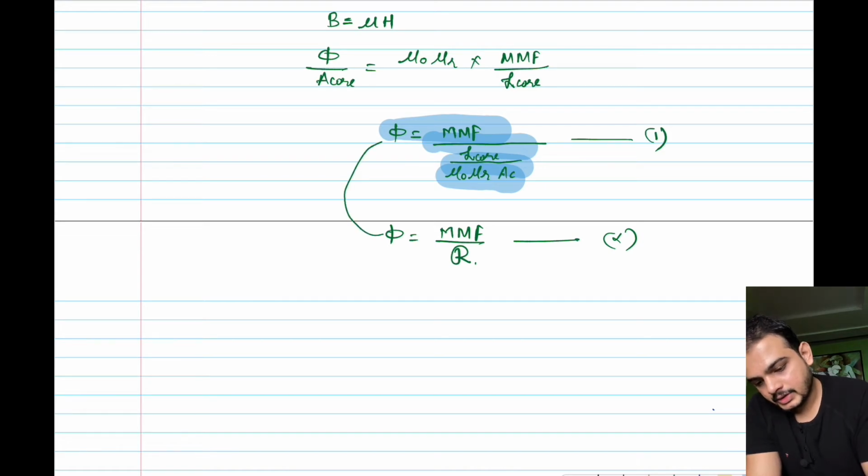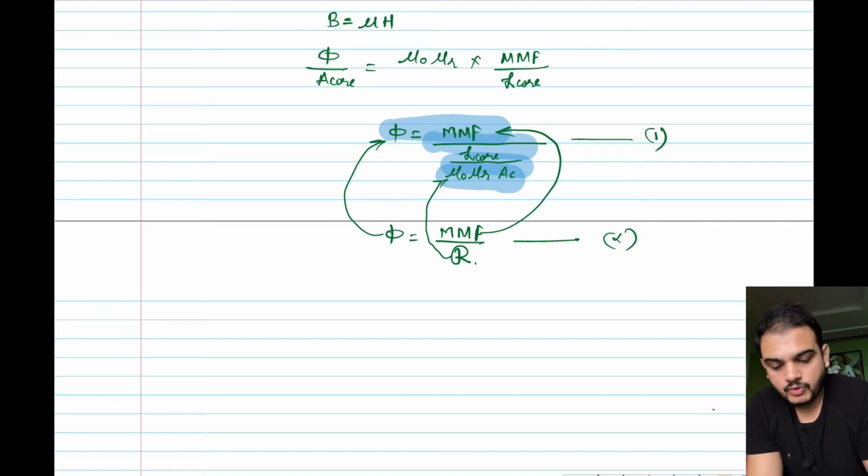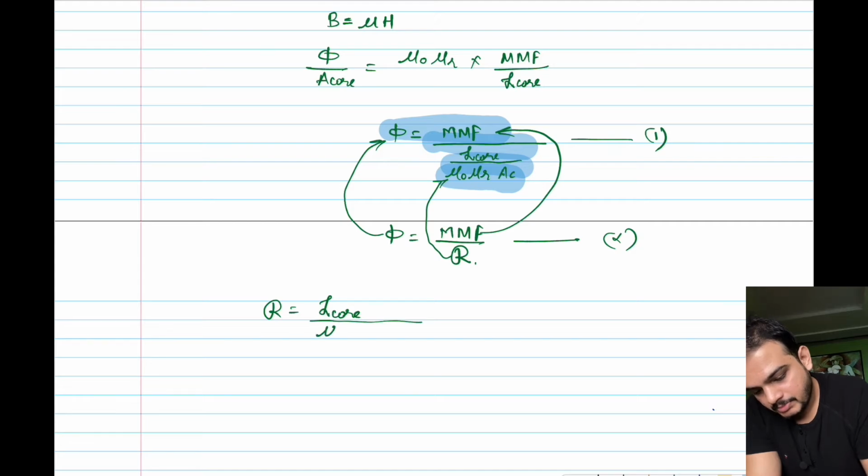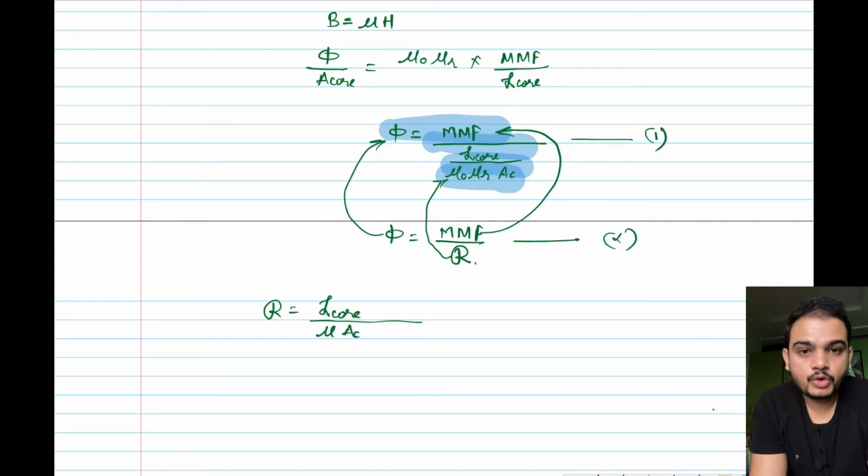Flux is flux, mmf is mmf, and in place of reluctance we have this quantity. So the formula for reluctance is length of core divided by mu into area of core material. Okay, this is the basic formula for reluctance.